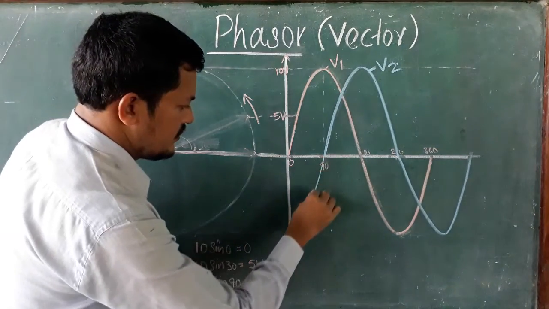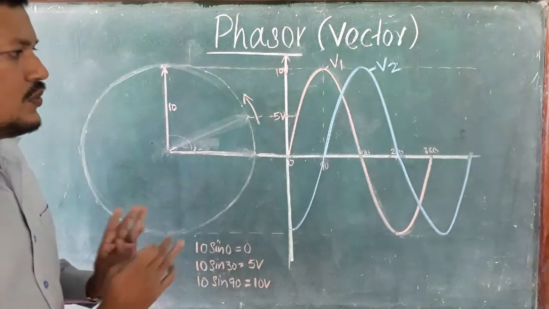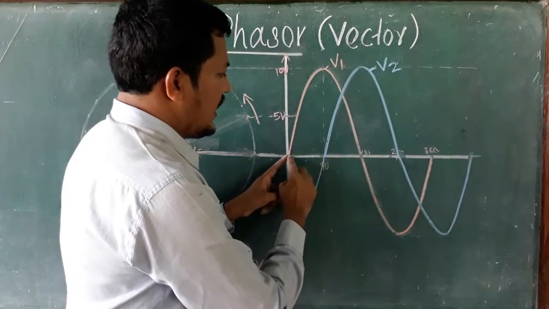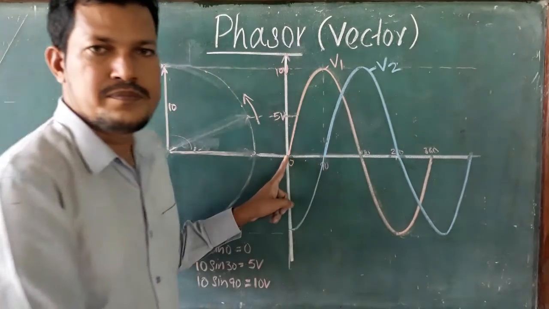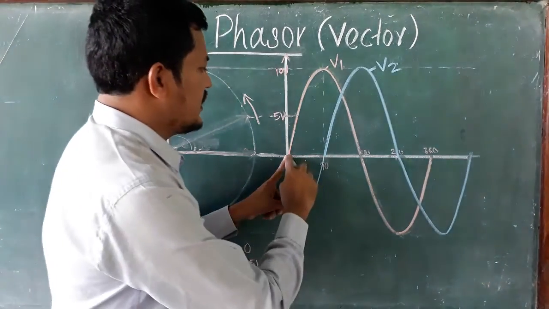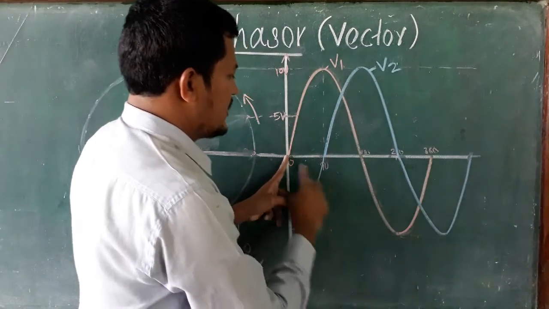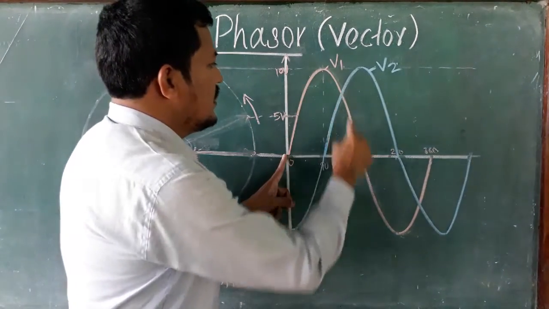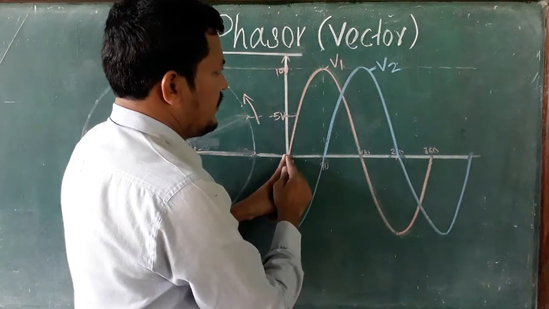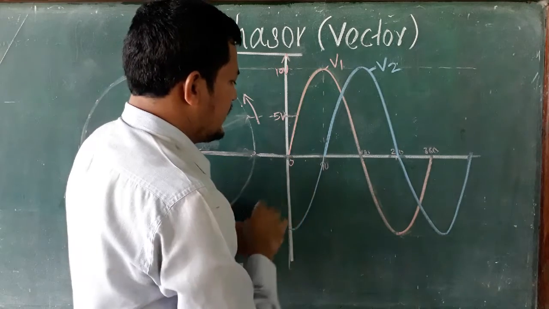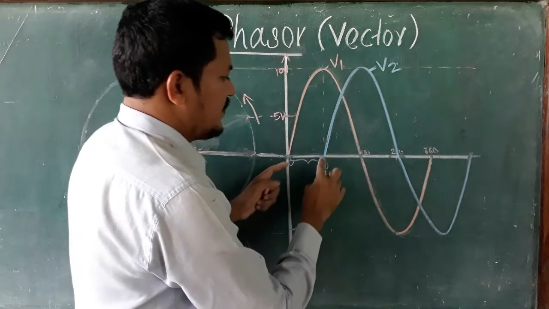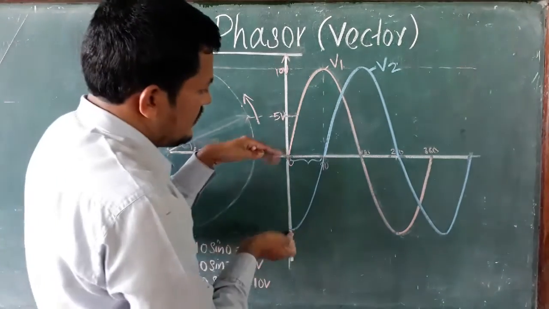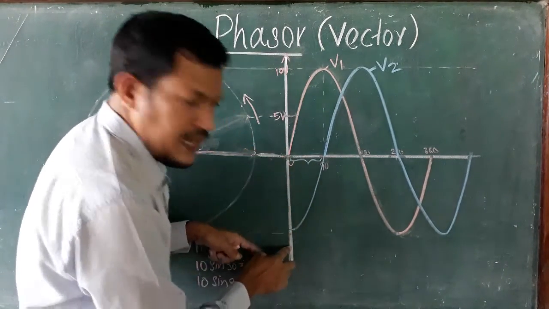Just by looking, we can understand that the second waveform is lagging behind the first one. I am taking the red colored waveform, V1, as the reference because it started from 0. Compared to the reference waveform, the second waveform V2 started after 90 degrees. You can also judge that it started below the x-axis.